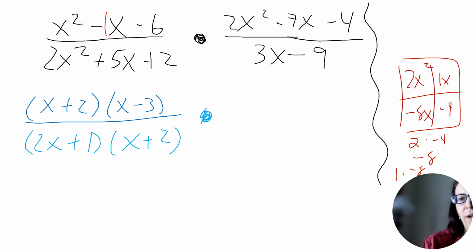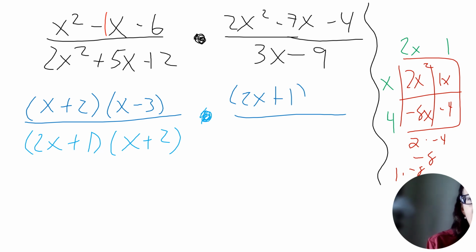And once again, we'll have the GCF of 2x squared and 1x is x, making that 2x, this 1 and this 4. Double check all that. And so on this one, we have 2x plus 1 and x plus 4.